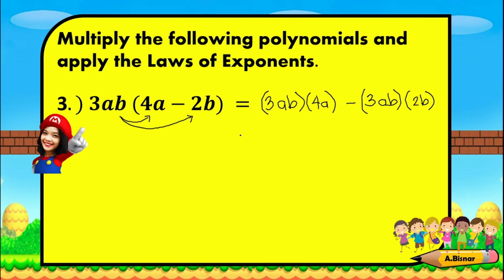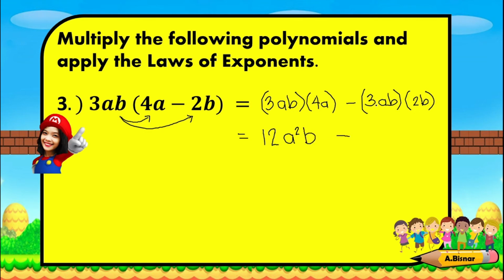So let's now simplify. 3 times 4 is 12. Now, as you observe in here, we have a, b, and a. From what we have studied, we can only add the exponent of the variables that are the same. So, we will add the exponent of a. So, we have here 1 and then 1. So, the exponent of a will be 2. Then, let's just simply copy b.